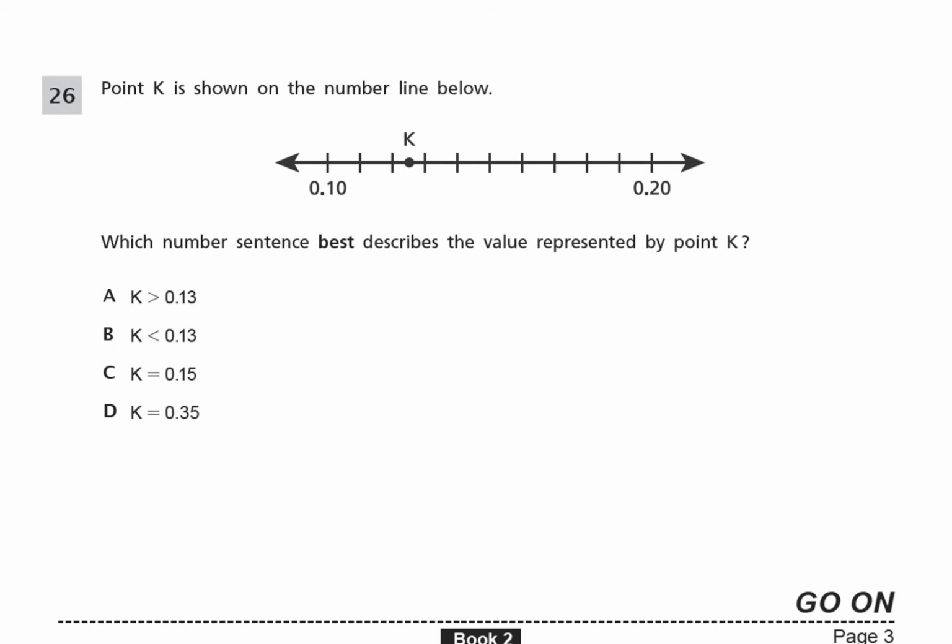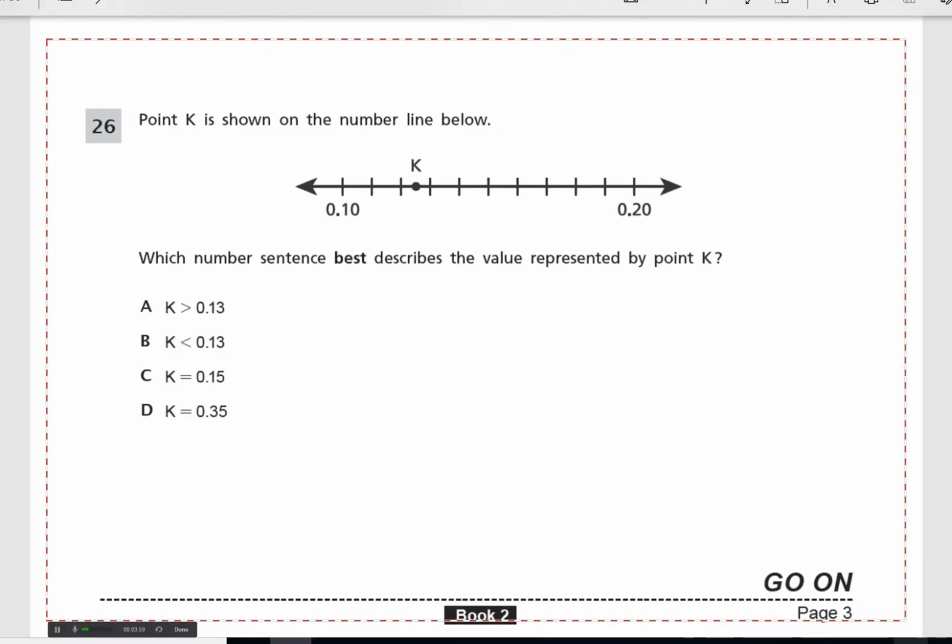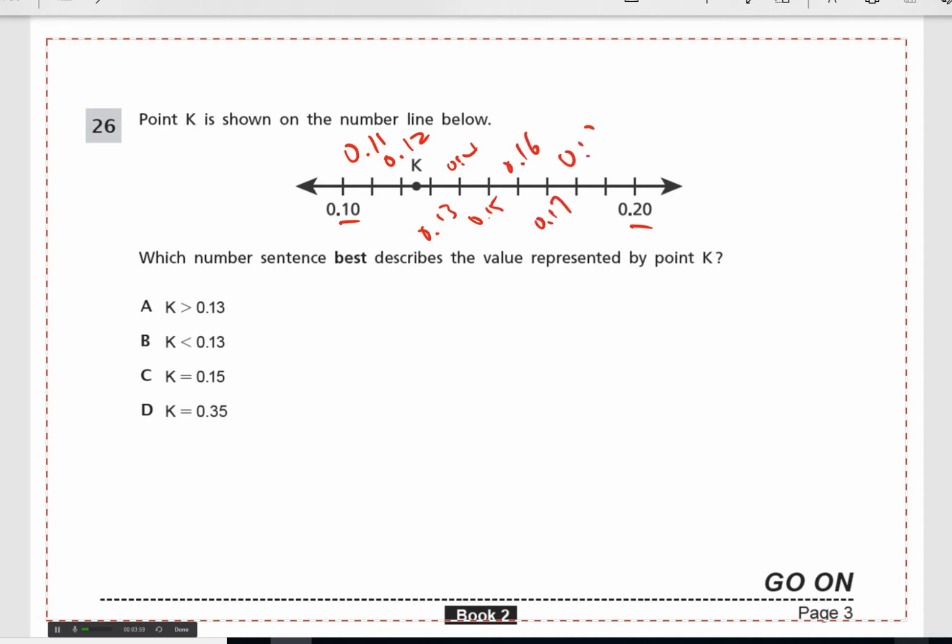Okay, point K is shown on the number line below. Which number sentence best describes K? If you take a look, the two numbers are 0.1 and 0.2, meaning that they cut each interval into another ten. So it's 0.11, 0.12, 0.13, 0.14, 0.15, 0.16, 0.17, 0.18, 0.19, and then 0.20.